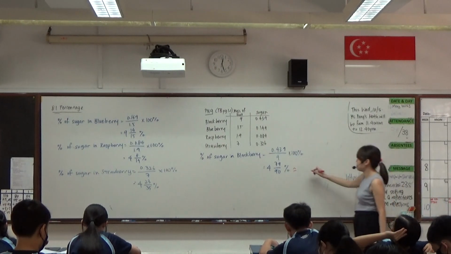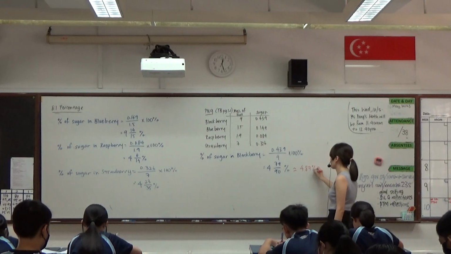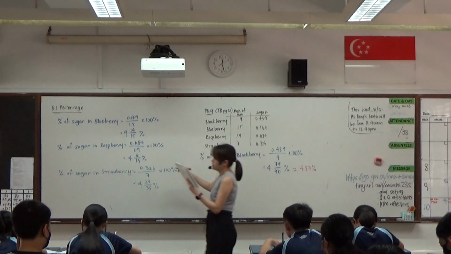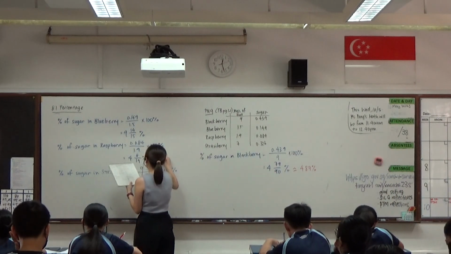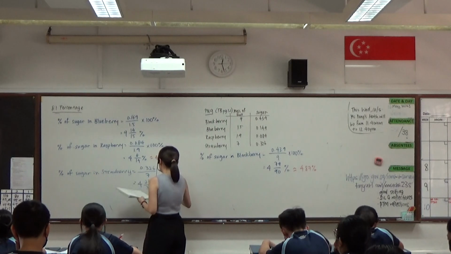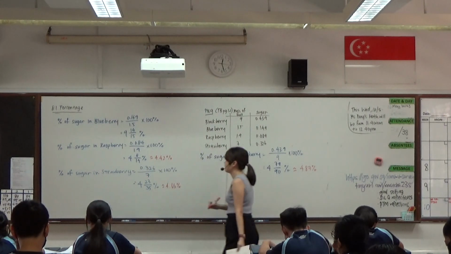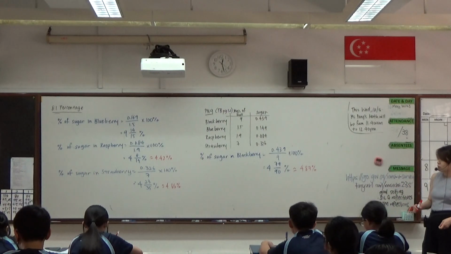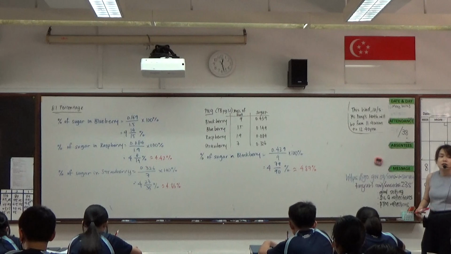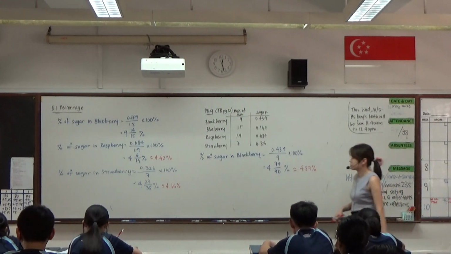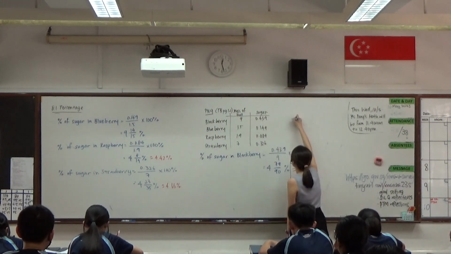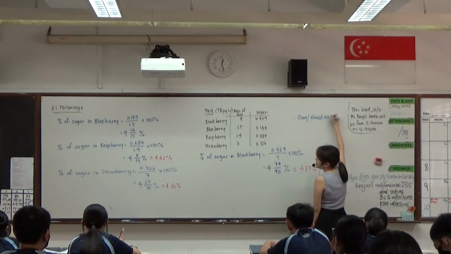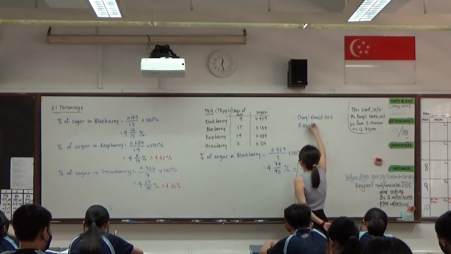This will be about 4.87, this is about 4.42, and this is about 4.66%. By comparing decimals it will be easier. We can clearly tell that the sugar in raspberry is the least, and therefore Cheryl should eat raspberry instead.